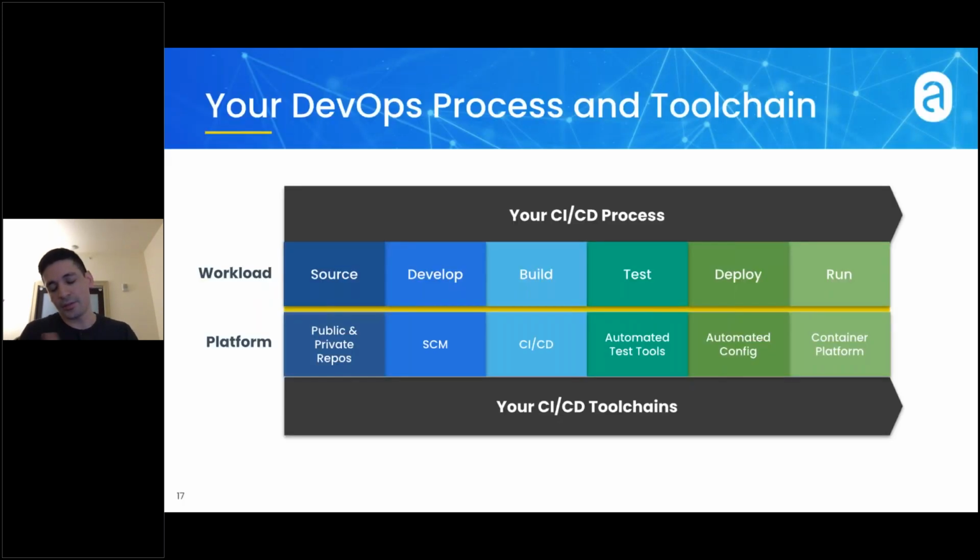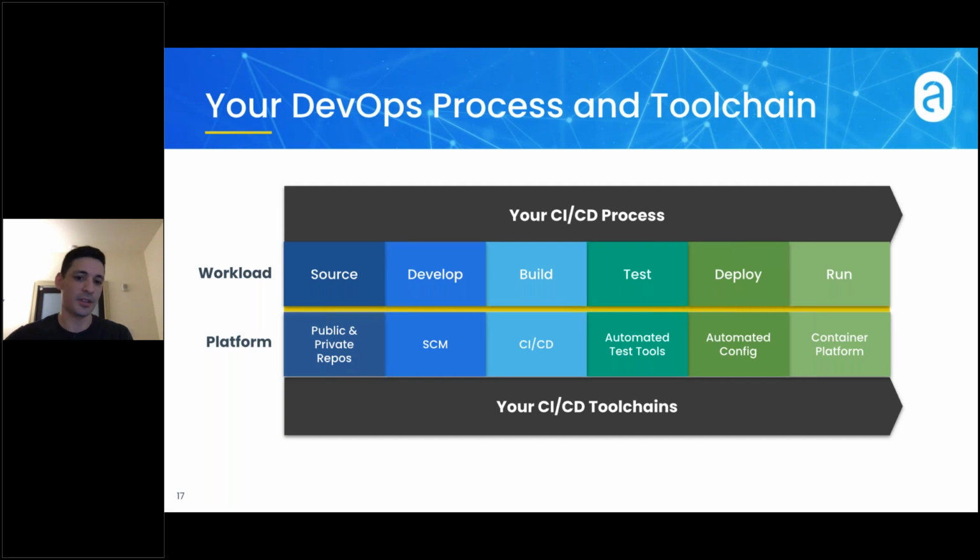And next we can see that for the most part, a lot of DevOps processes and tool chains end up looking like this at a high level. There's a platform layer and then a workload layer. Basically from source to run, we're using a variety of different tooling and instruments to run our containers, to manage our source code, to manage our deployment configuration, to hopefully add the appropriate automated tools and testing within there.